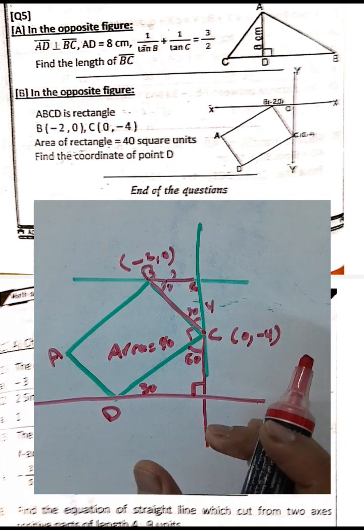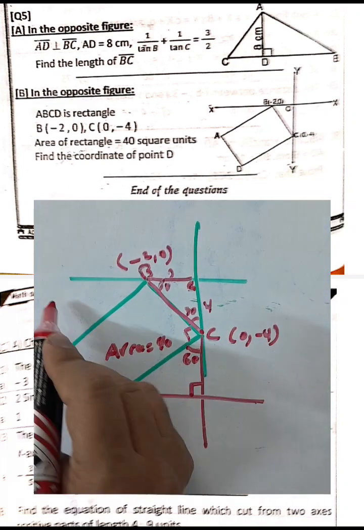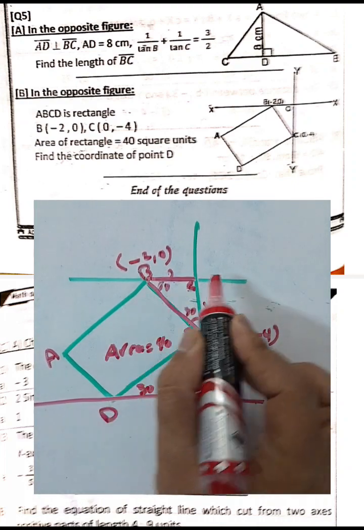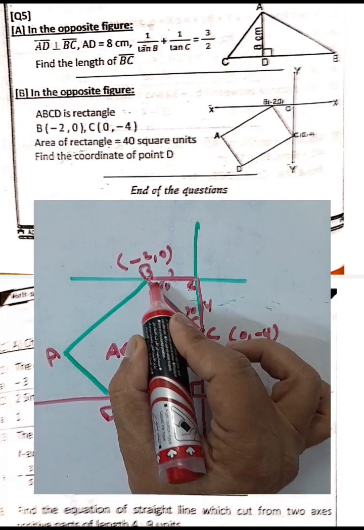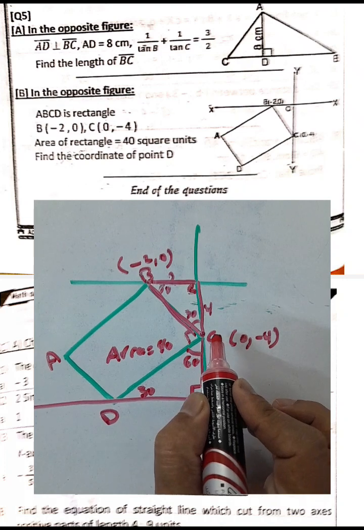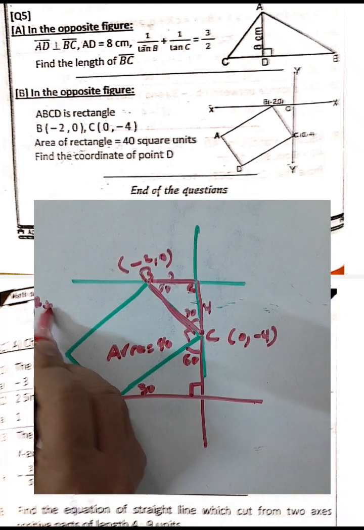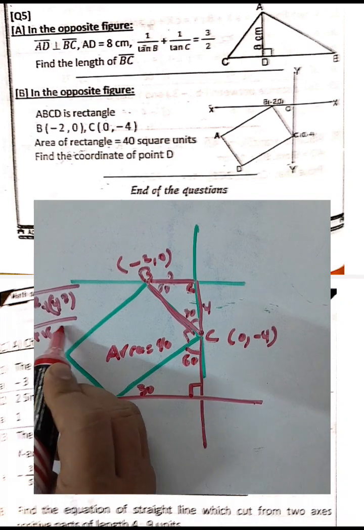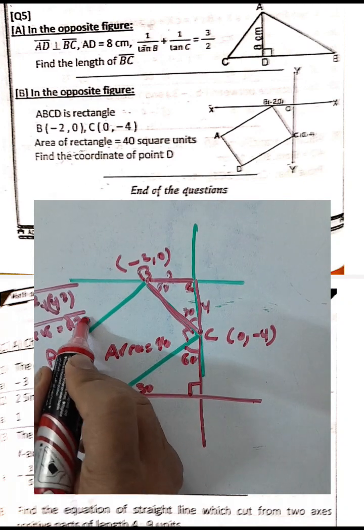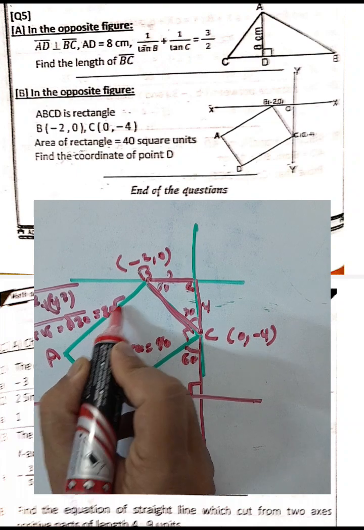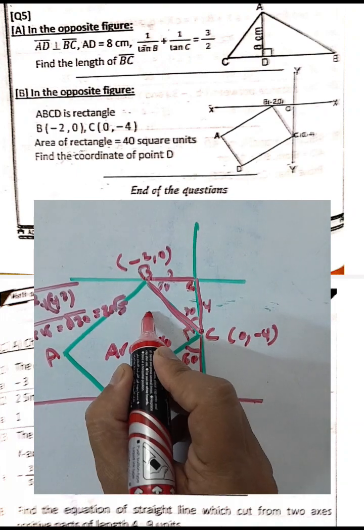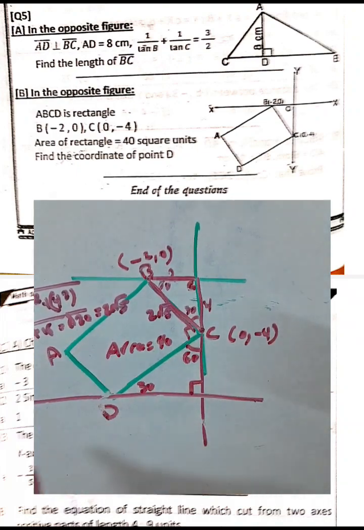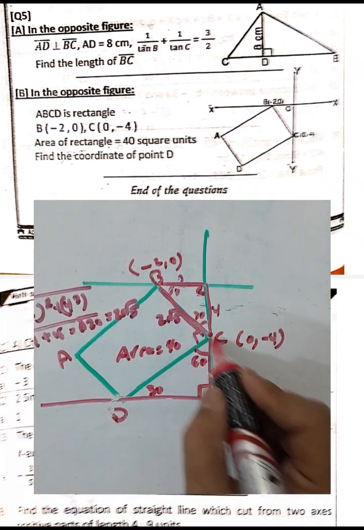The length. Why? Because in this right angle triangle, we have here 2 as a side length and here 4. You can find this length from Pythagoras: 2 power 2 plus 4 power 2, and then find the square root of the result. 4 plus 16 will be 20. The result will be 2 root 5. Then the side length here will be 2 root 5.